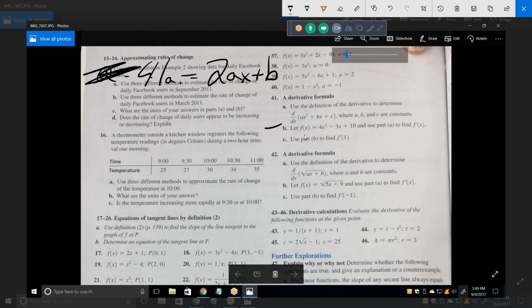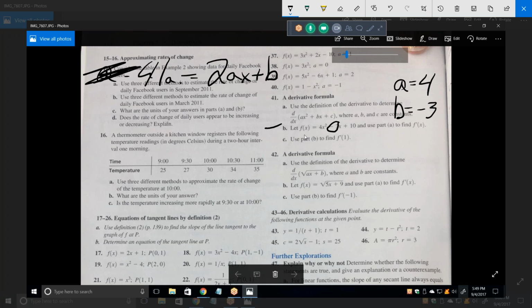Well, in this part here, what's a and what's b? It would be 8x minus 3. What's a? Don't look at the derivative function. Look at the original function. A equals 4. What's b? B equals negative 3. There's that negative 3 right there.